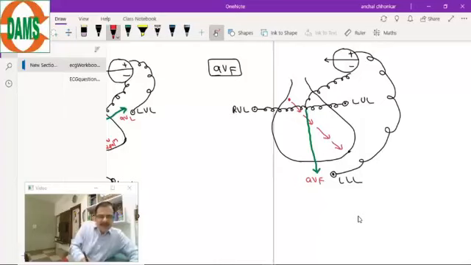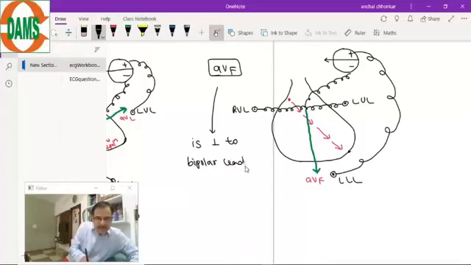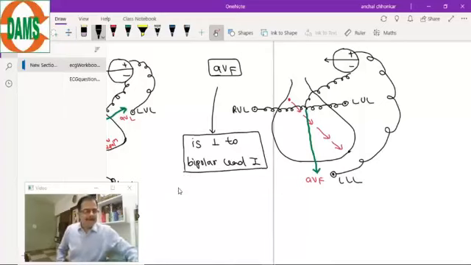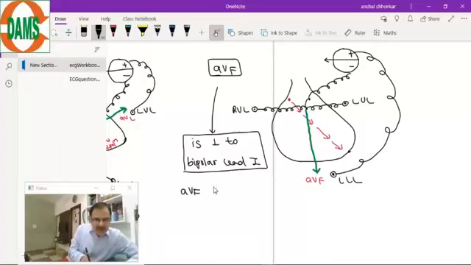So that means AVF is perpendicular to bipolar lead 1. The location is perpendicular to bipolar lead 1, and hence AVF is located at the plus 90-degree axis.